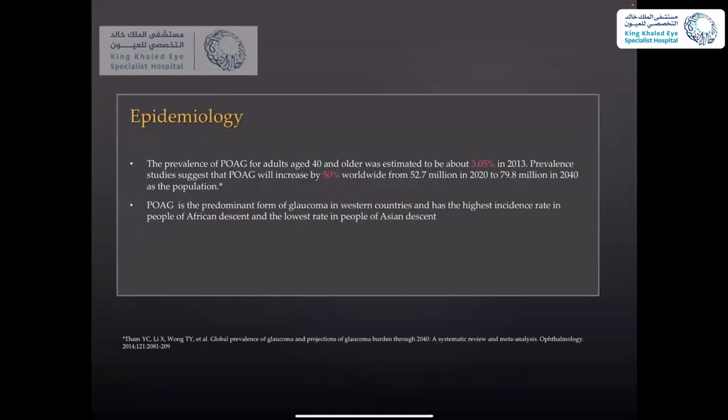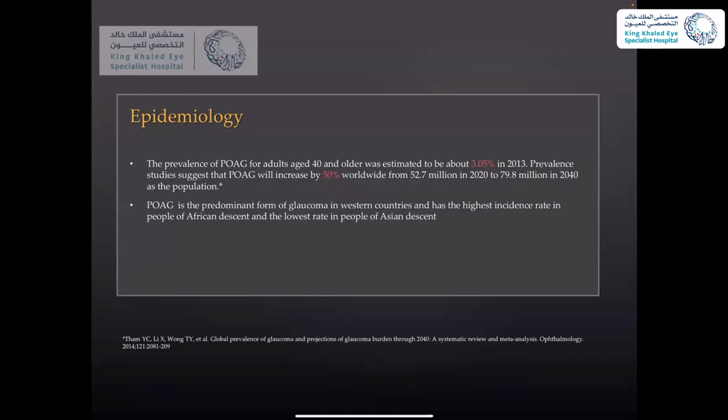Then about epidemiology, it is very important to know the distribution of primary open-angle glaucoma and how common it is. The prevalence of primary open-angle glaucoma for adults aged more than 40 is around 3.05% in 2013.